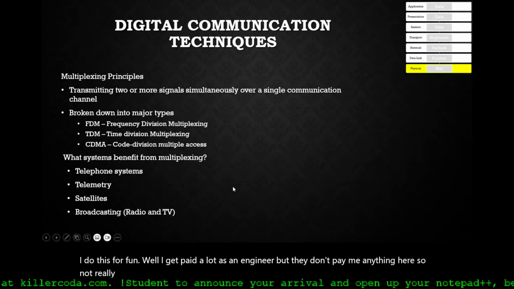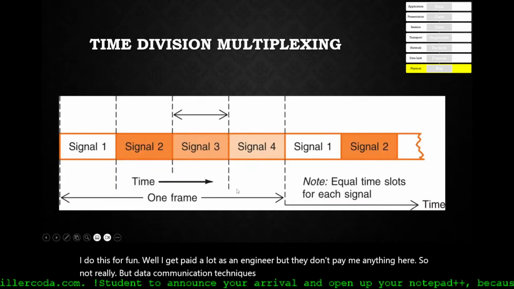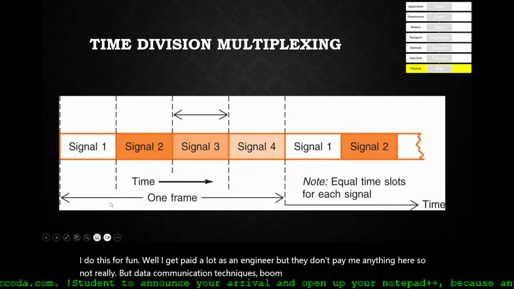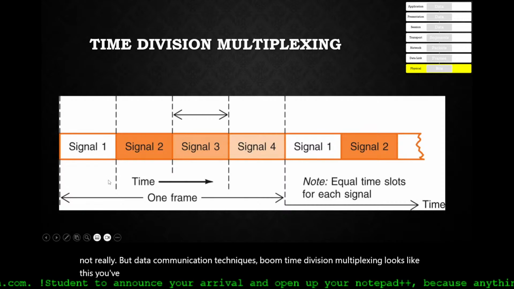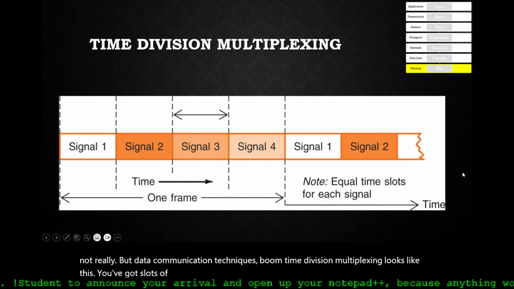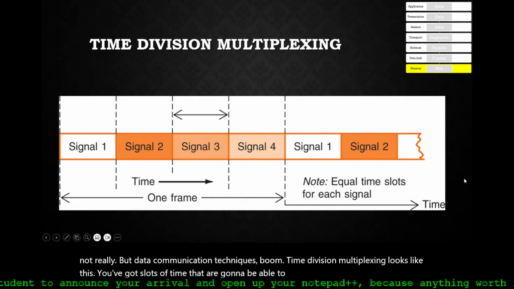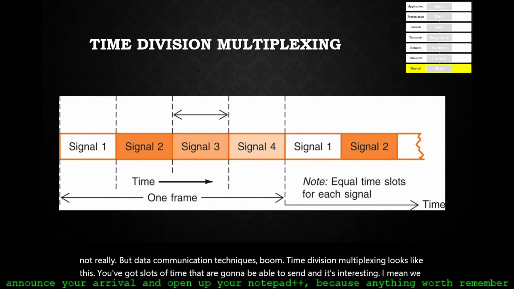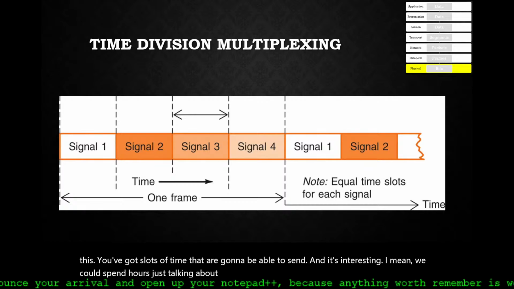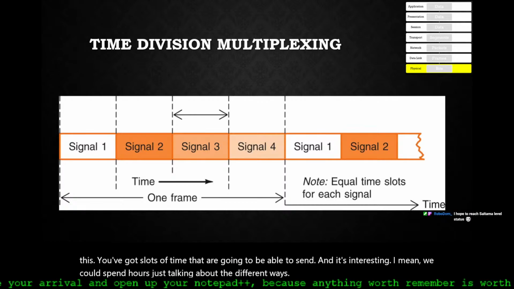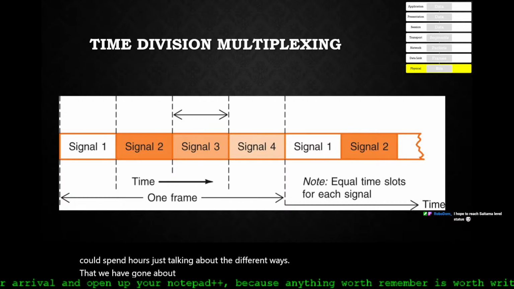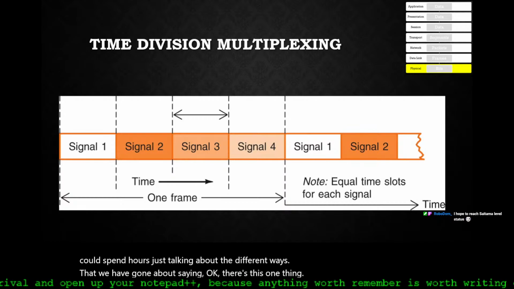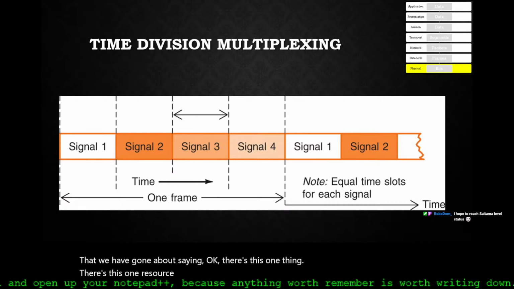But anyways, data communication techniques. Time division multiplexing looks like this. You've got slots of time that are going to be able to send, and it's interesting. We could spend hours just talking about the different ways that we have gone about saying, okay, there's this one resource we have, and we're all sharing it.